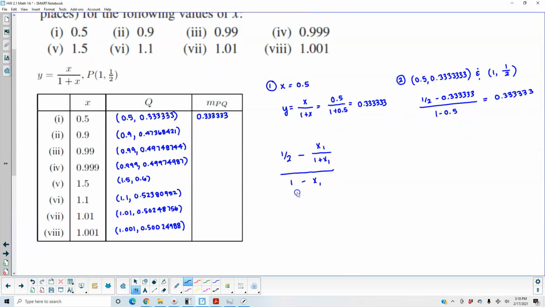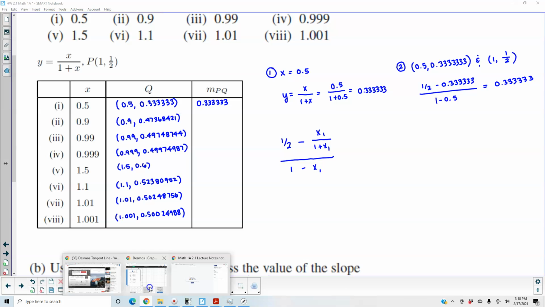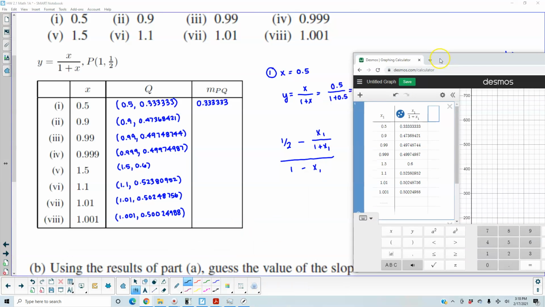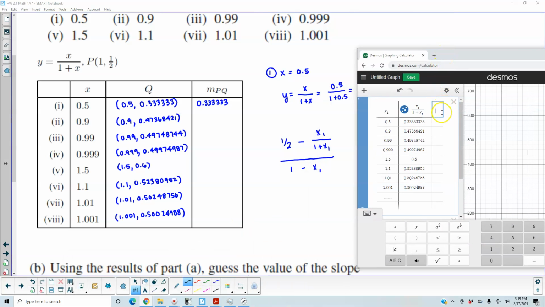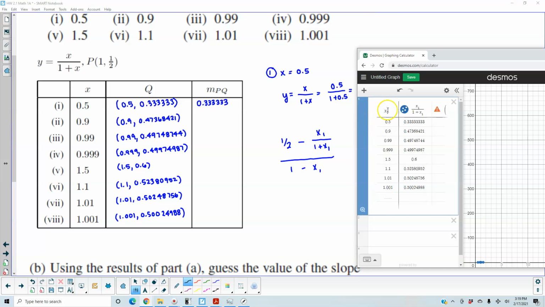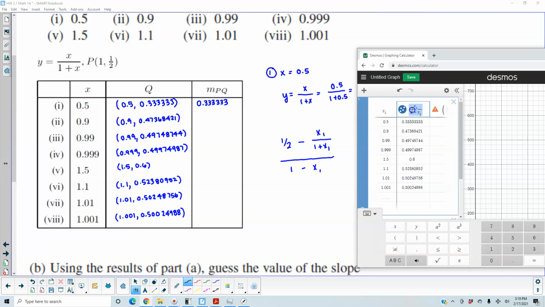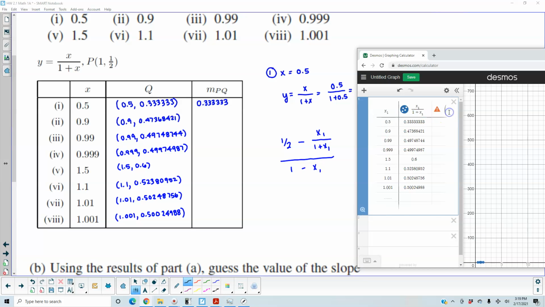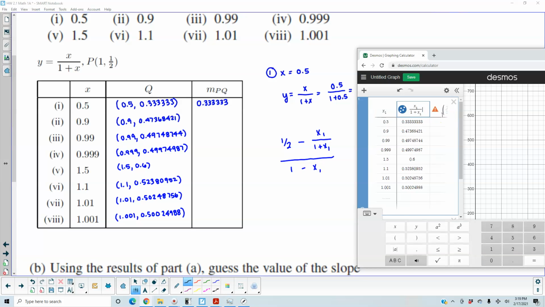We're going to put that into Desmos. Here we put in parentheses 1/2 minus, well, we can just copy this formula from here. If we copy this entire formula and move to the table, we put it right next to here.